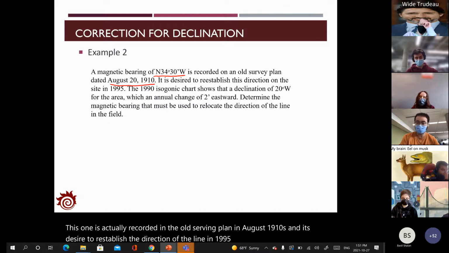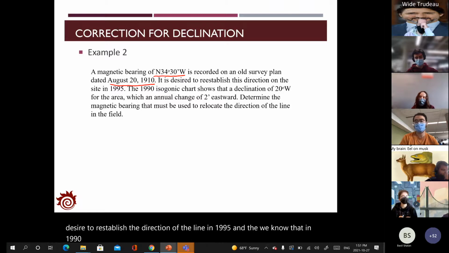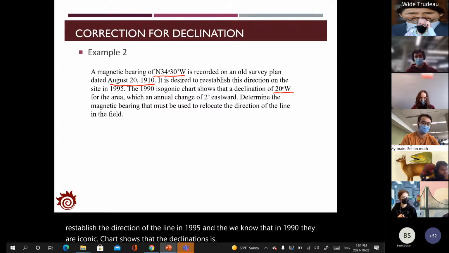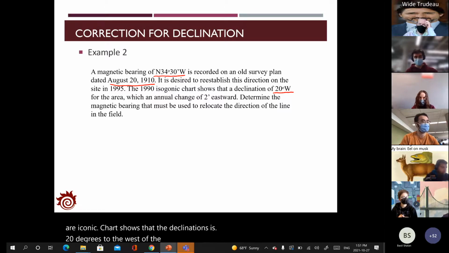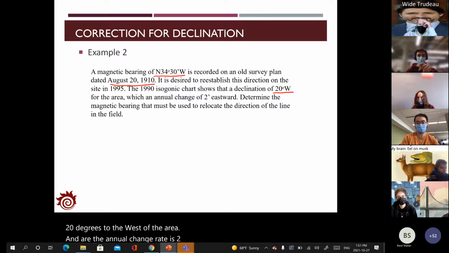And we know that in 1990, the isogonic chart shows that the declination is 20 degrees to the west of the area, and the annual change rate is 2 minutes to the east side.